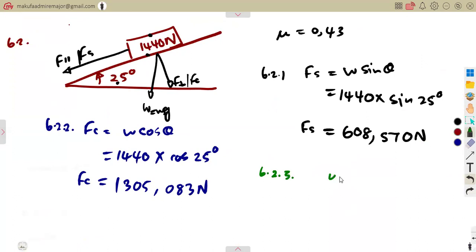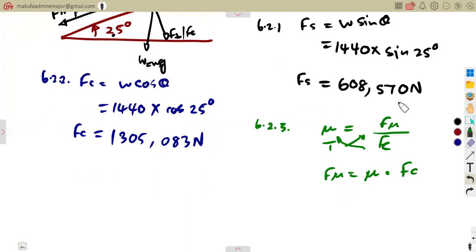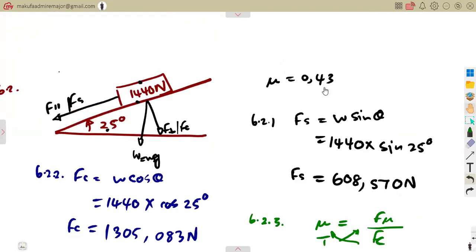6.23. So we saw that the coefficient of friction is equal to the frictional force over the perpendicular component this time. So the frictional force is just going to cross multiply. Thus, the frictional force is equal to the coefficient of friction times Fc. That is the one that we calculated. Remember, your coefficient of friction is 0.43. We are given this.